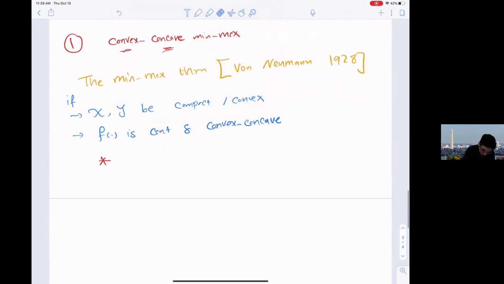So min over x, max over y is the same as max over y, min over x. I think this was one of the questions earlier.